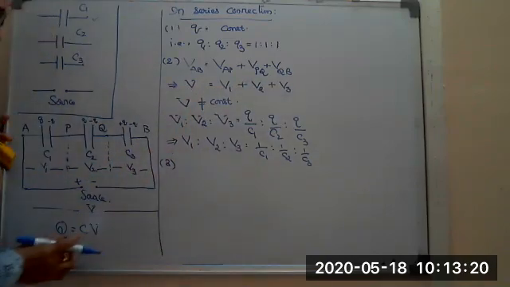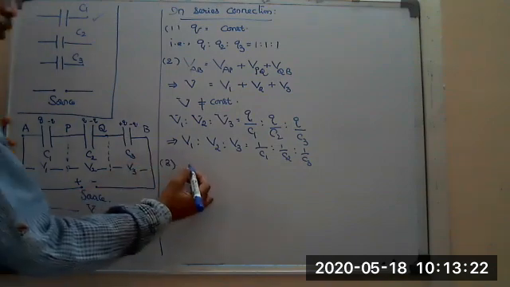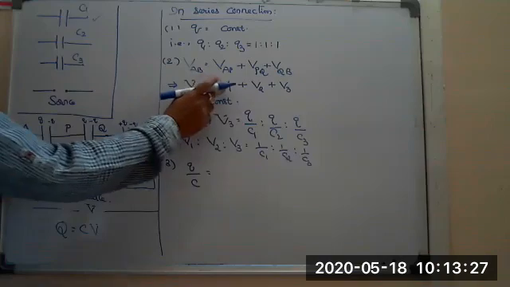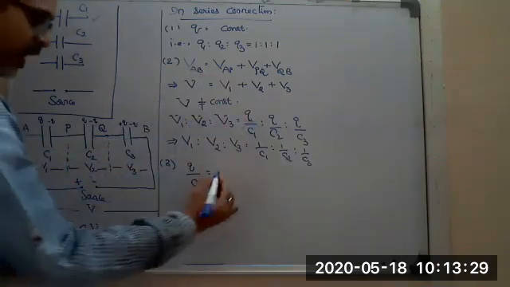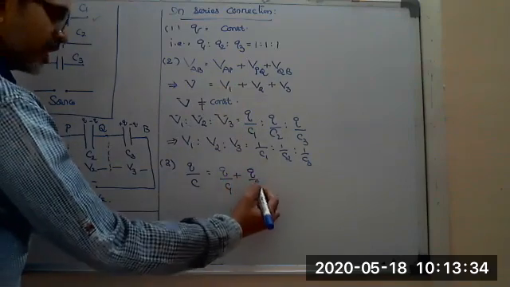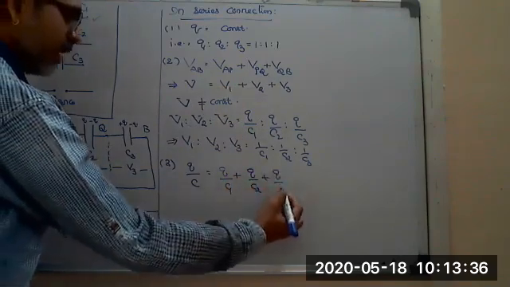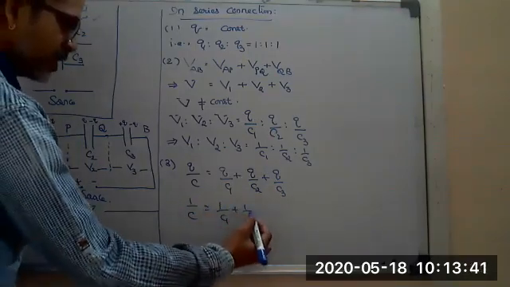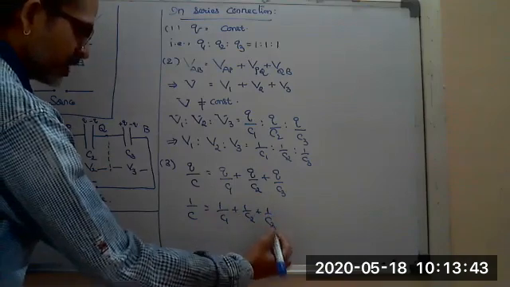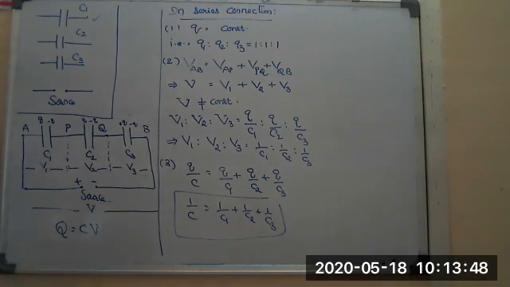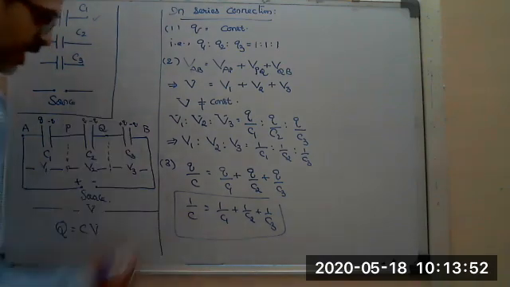In the same way, I write V equals Q by C, V1 equals Q by C1, plus V2 equals Q by C2, plus V3 equals Q by C3. I will get 1 by C equals 1 by C1 plus 1 by C2 plus 1 by C3. It is the formula to be used to find the effective capacity in series.